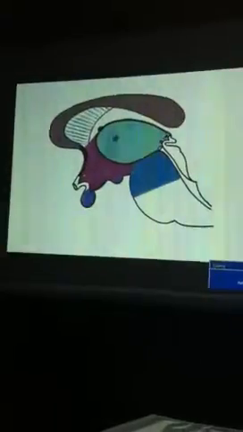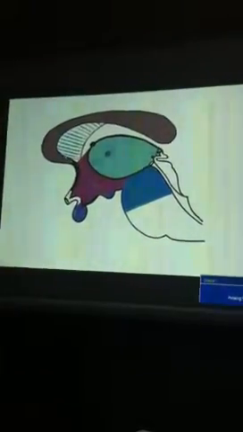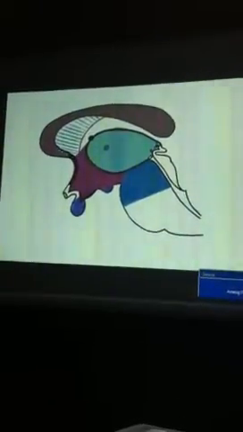Lamina terminalis, in the drawing this part. Upward it continues as lamina rostralis and then communicates with the corpus callosum, the anterior part, genu corporis callosi. Then we have here chiasma opticum, part of the visual pathway.